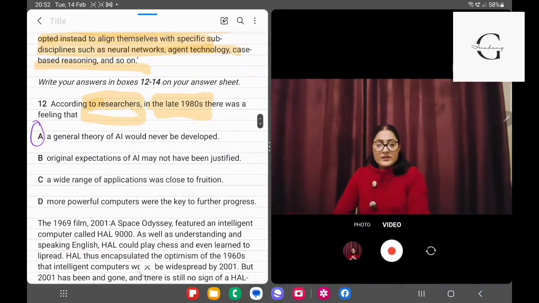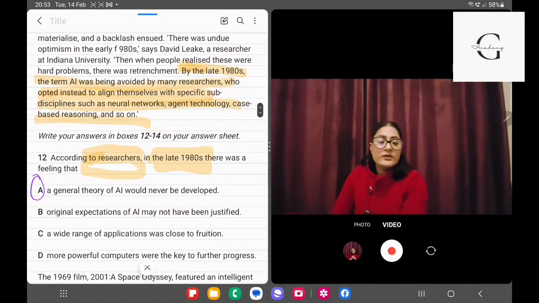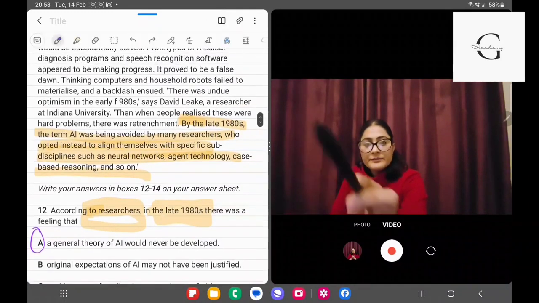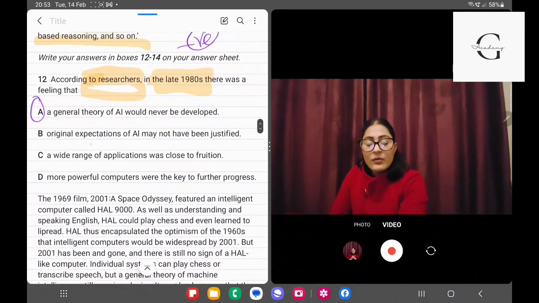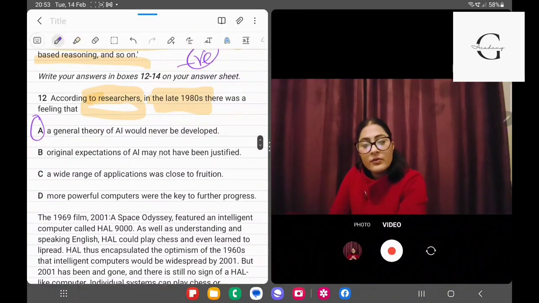Option B is, original expectations of AI may not have been justified. Yeah, I am looking for this option because I have read here they have mentioned AI was being avoided. So there is a negative thing here. So I must look for a negative option right now. If I look for a negative option, I can see here they are saying original expectations of AI may not. So there's a negative in this option.